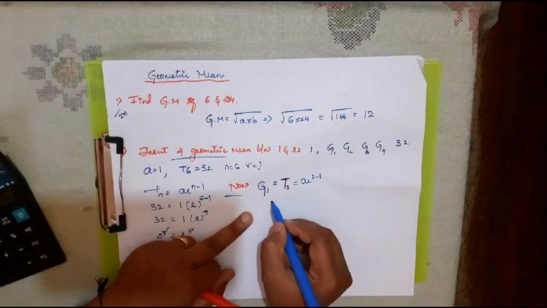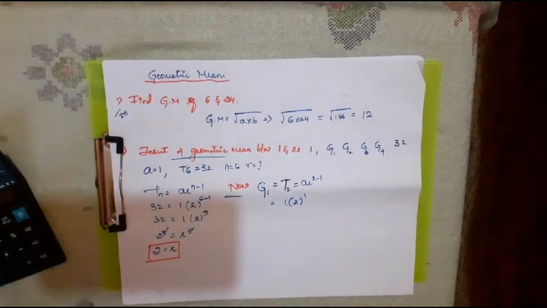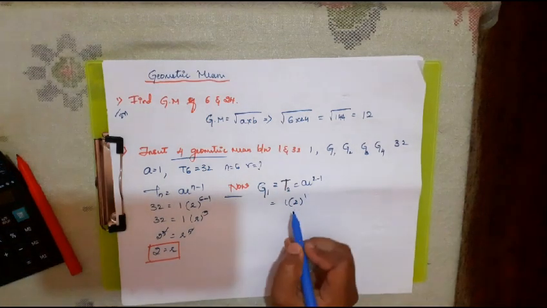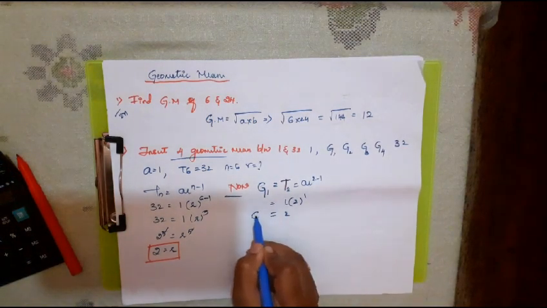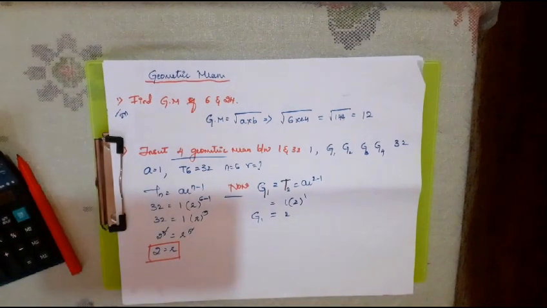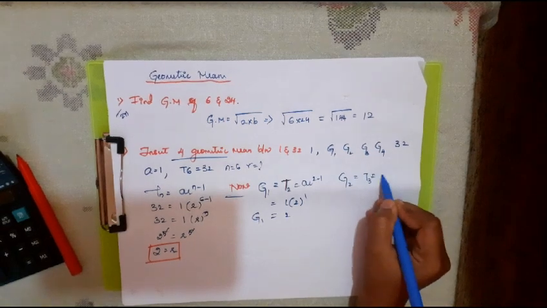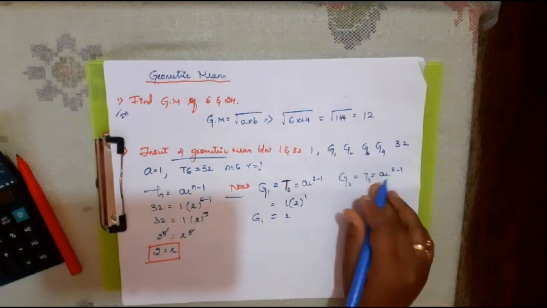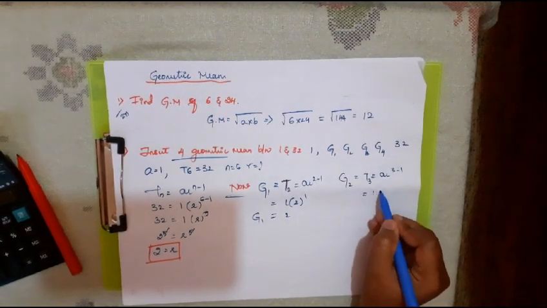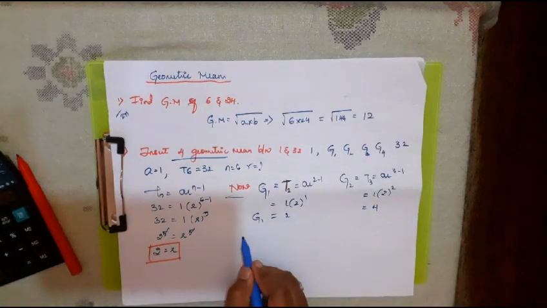Okay, so you're getting it as 1 into 2 to the power 1. Okay, 2 to the power 1 is 2, so G1 is 2. Similarly, we have to find G2. Okay, G2 is equal to T3, third term, AR to the 3 minus 1, that is equal to 1 into 2 to the power 2, 4 you will get.